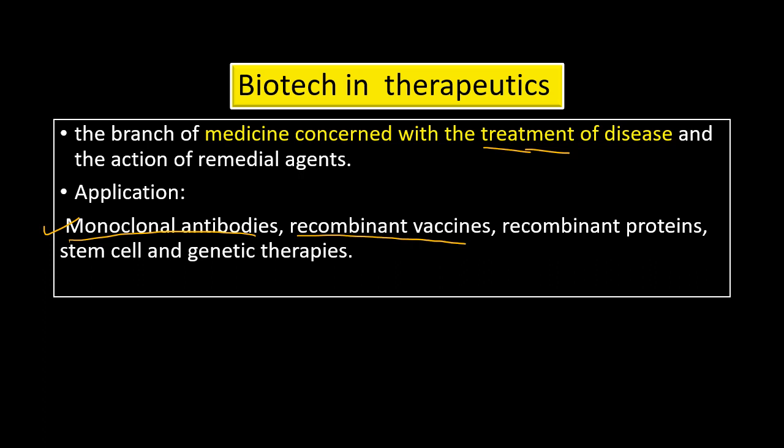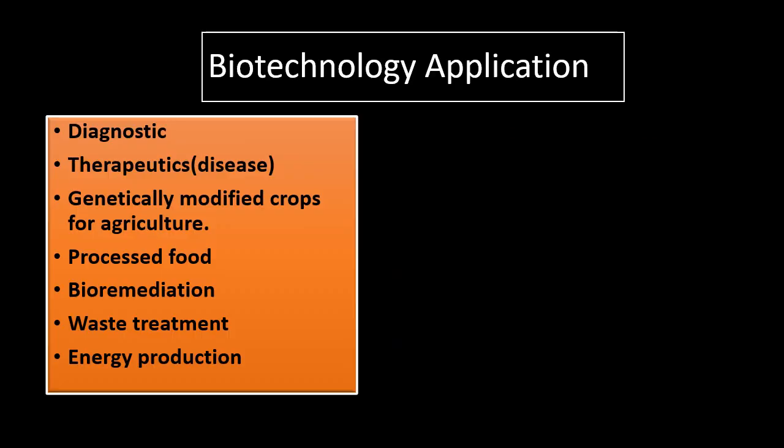Recombinant vaccines mean combining different genes: here is one gene, and this is another gene, and combining these two genes produces a new protein or new antibodies. So like recombinant proteins, stem cells and genetic therapy, we use biotech in therapeutics.